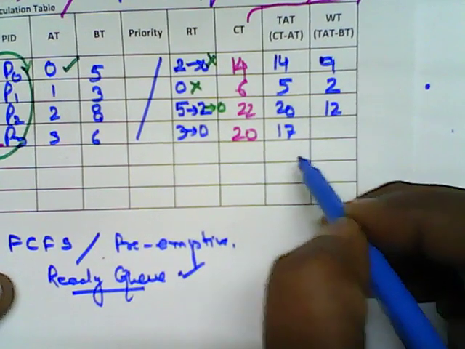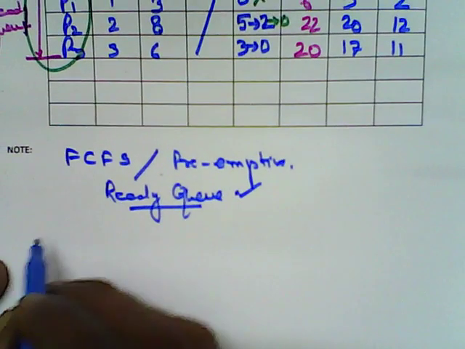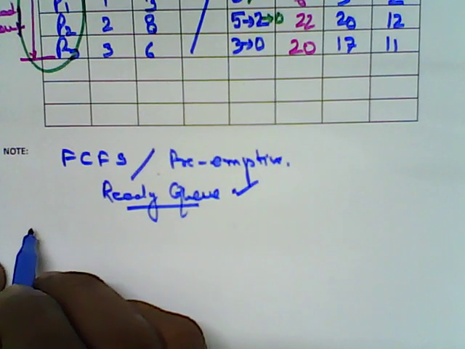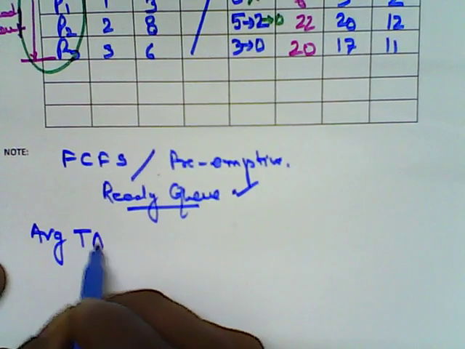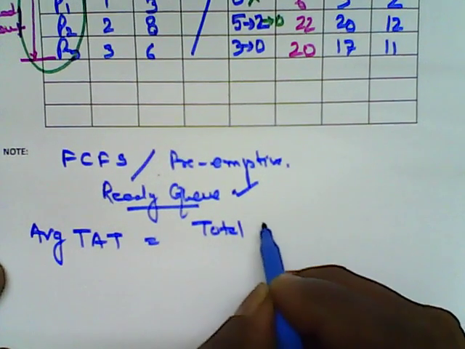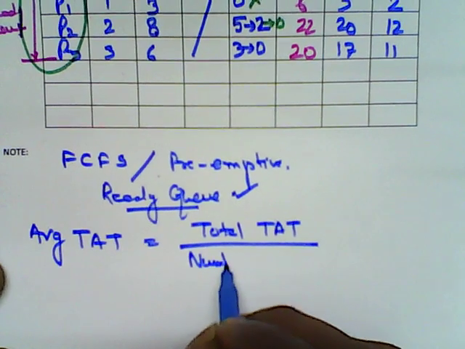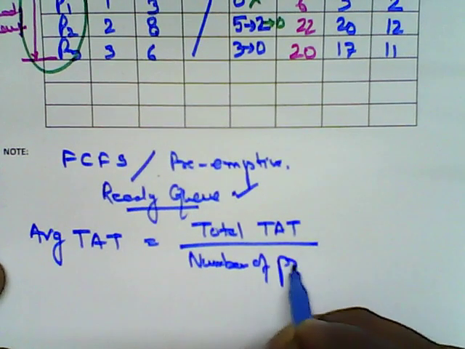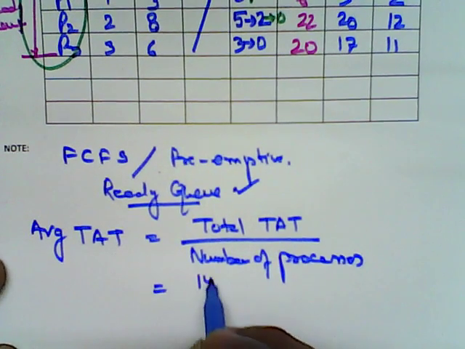Now we have to calculate the average turnaround time. Average turnaround time is total turnaround times divided by number of processes. Now that is equal to 14 plus 5 plus 20 plus 17 divided by 4.